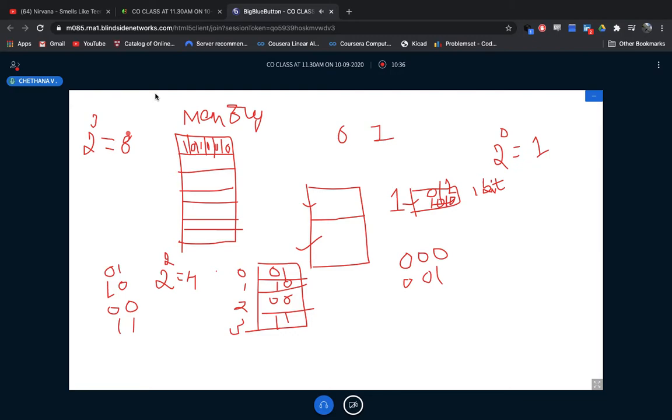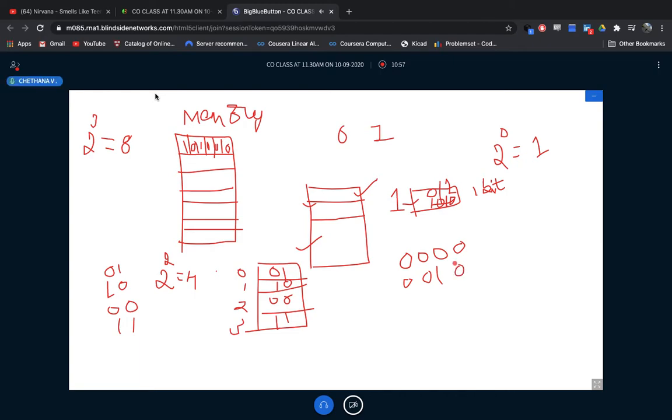I hope you are able to understand my words. Now come to the point. Suppose instead of 3 bits of data, in one memory location you are going to store 4 bits of data, like 0 0 0 0, 0 0 0 1, 0 and so on.